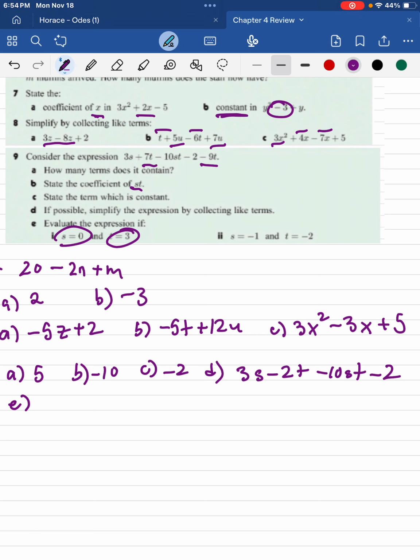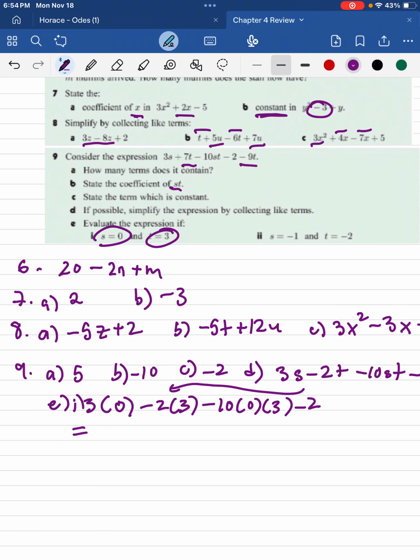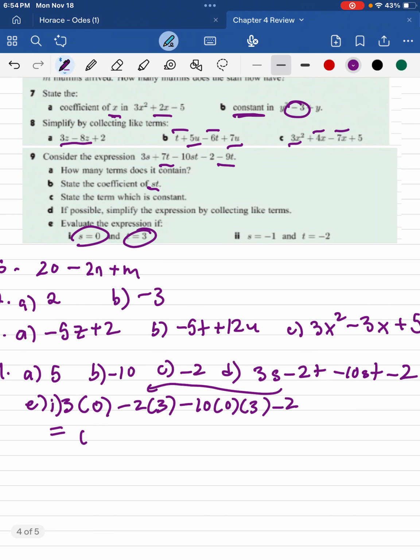We're going to replace s with 0 and t with 3. So I'm just going to use my answer right here to get 3 times 0 minus 2 times 3 minus 10 times 0 times 3 minus 2, which is equal to 0 minus 6 minus 0 minus 2, or negative 8.